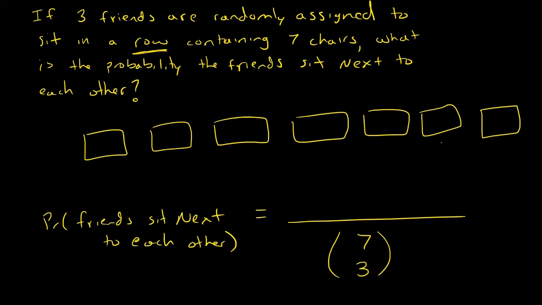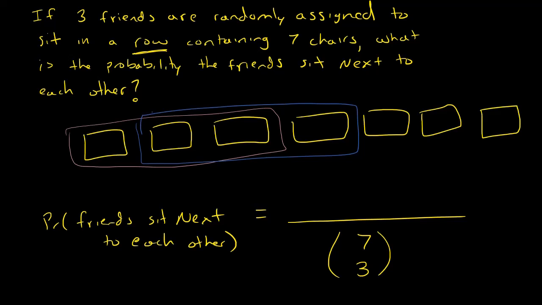So how many ways in the numerator? We need to think of how many ways can they sit next to each other in this row. They could sit next to each other if they're assigned to sit in these 3 right here. They can sit next to each other if they're assigned to sit in these 3 right here.